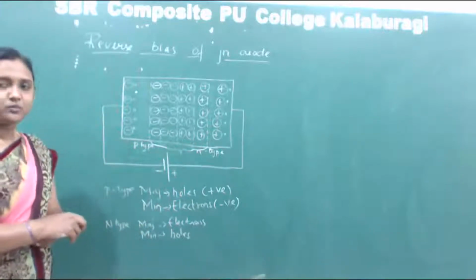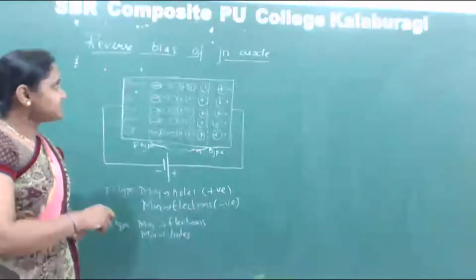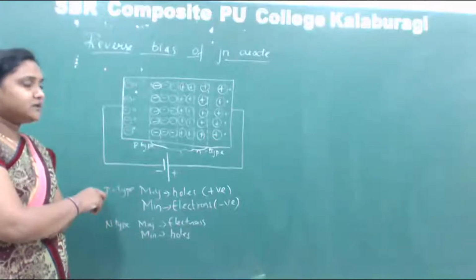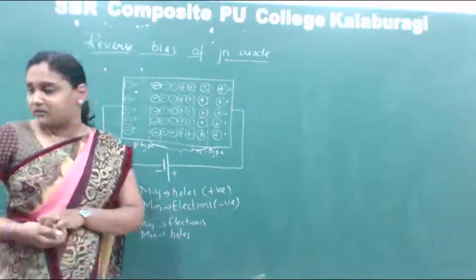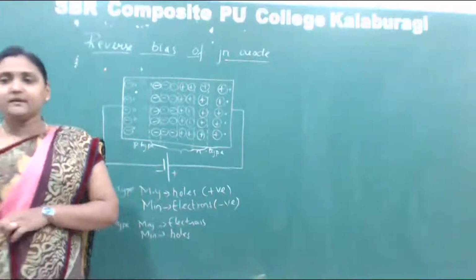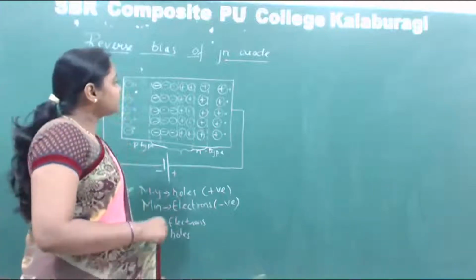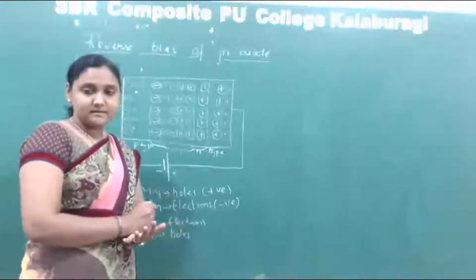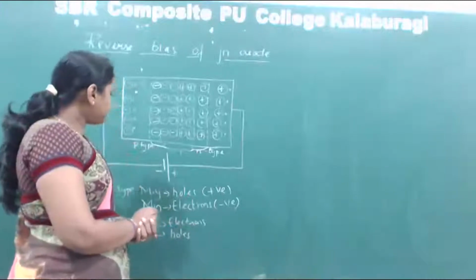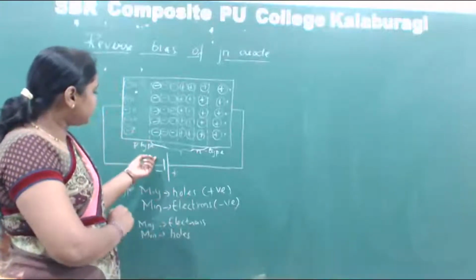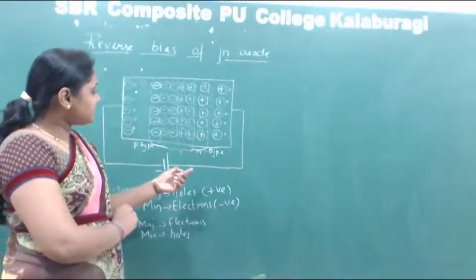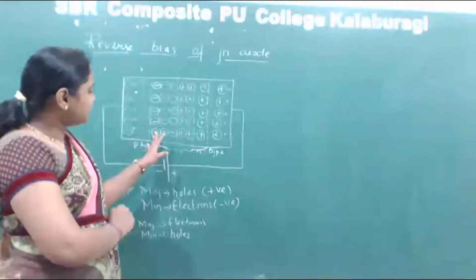So totally, what is happening in the reverse bias condition is that the depletion layer width is increasing. The width of the depletion layer has increased, and why has it increased? Because holes are attracted towards the negative terminal, and electrons are attracted towards the positive terminal.